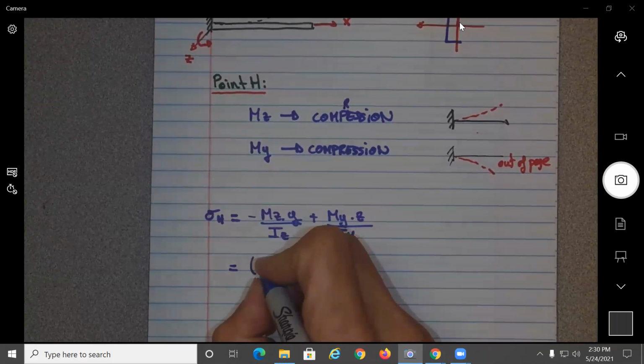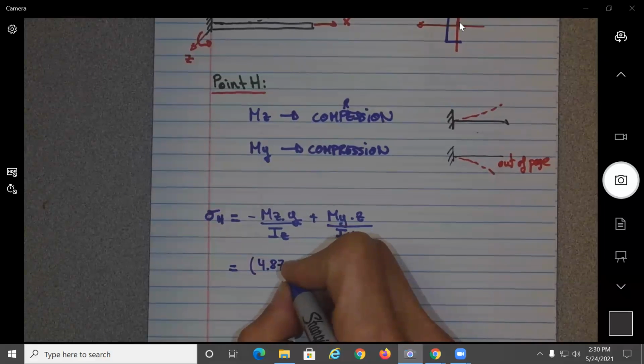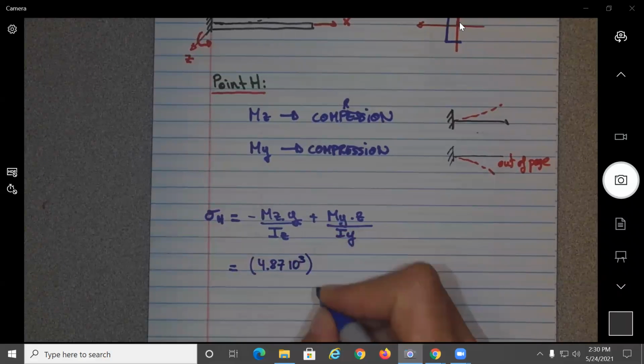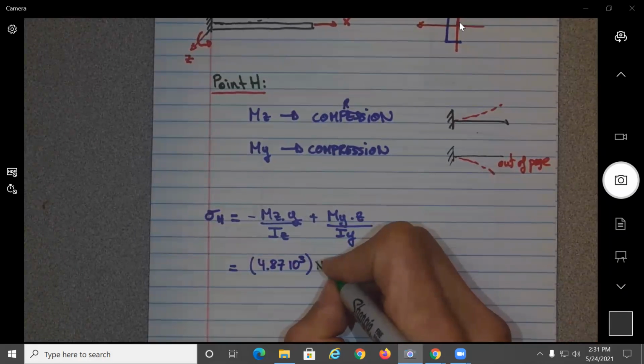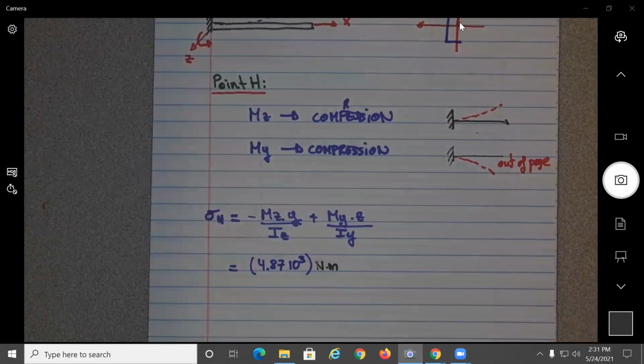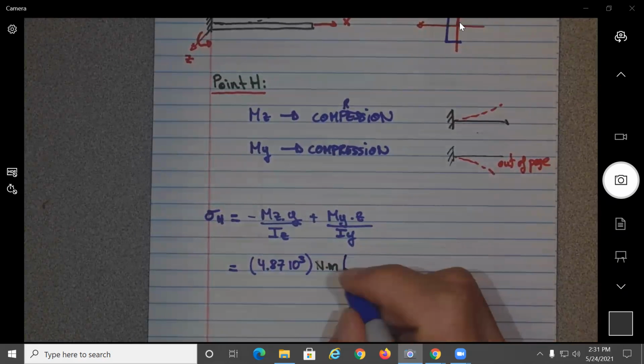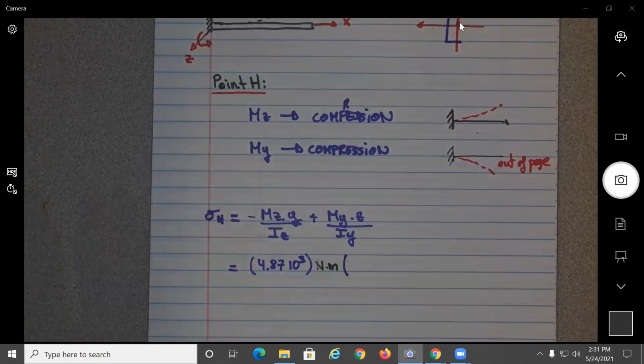So this will be 4.87 times 10 to the 3 newton-meters. You want to put newton-meters here so we can follow the units. What is y for point H? The y that we had before is equal to 89. Be careful here, we're going to meters.